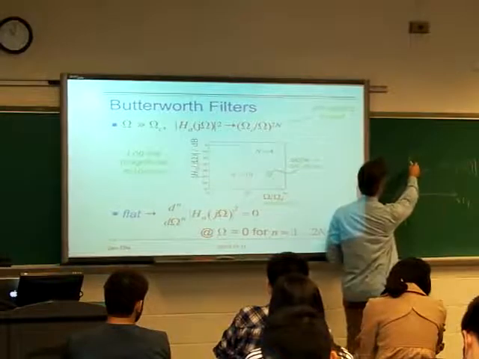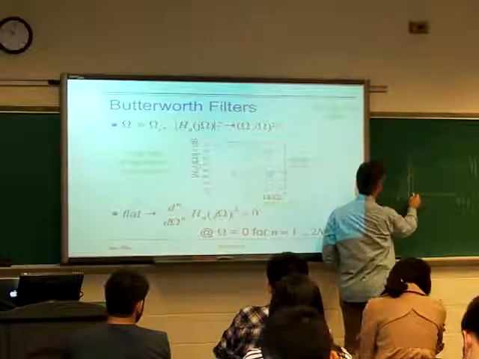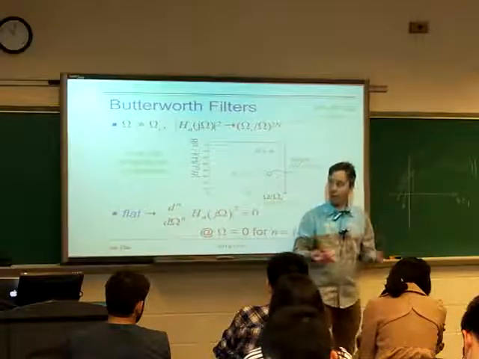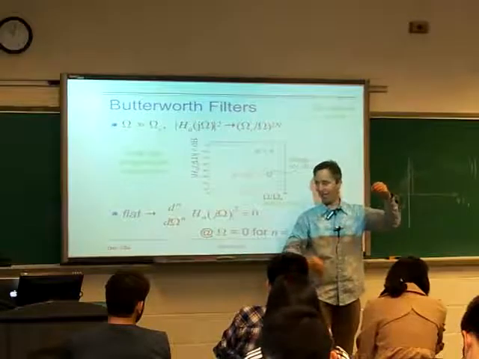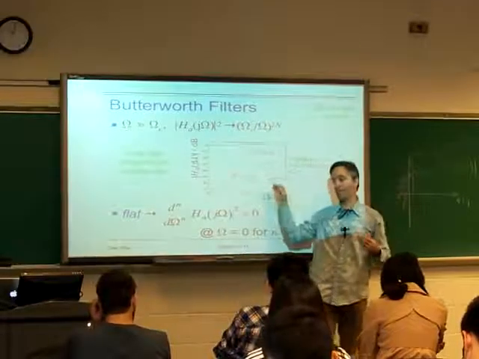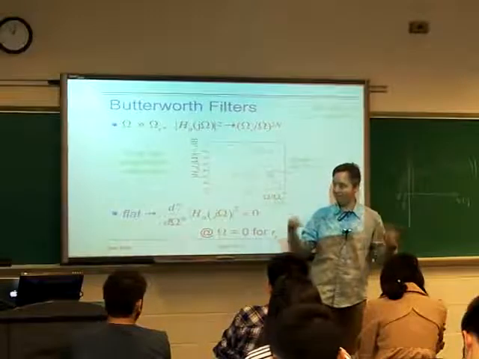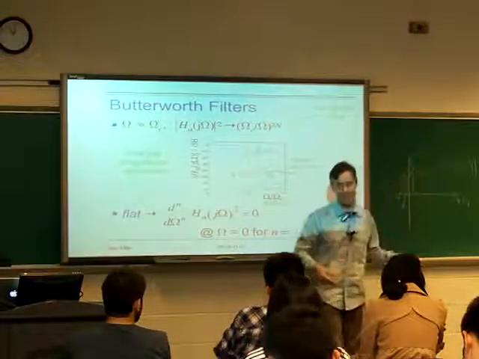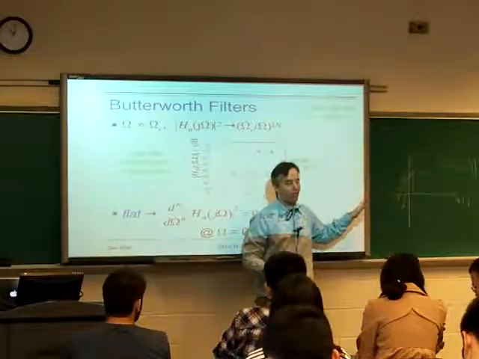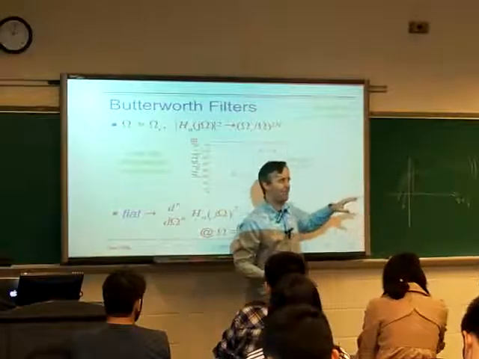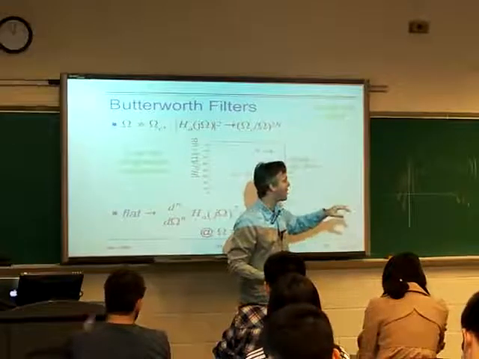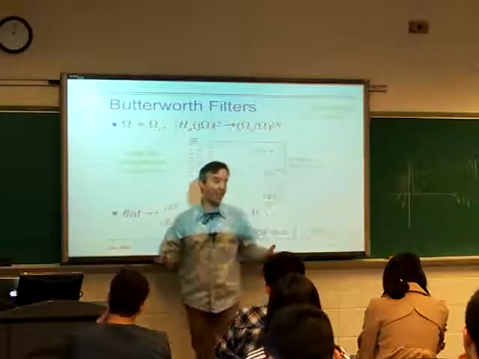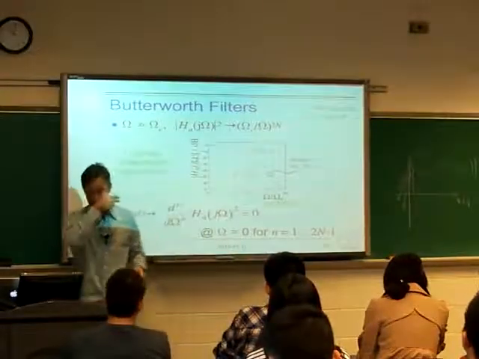These lines, to first order, are just this distance here, which is just the frequency. And so we have 1 over the frequency to the nth power. For each pole, we have 1 over frequency. So it sort of makes sense, and I go through that just because I want to reinforce the idea that thinking about it geometrically is a nice way to understand what's going on with these systems.